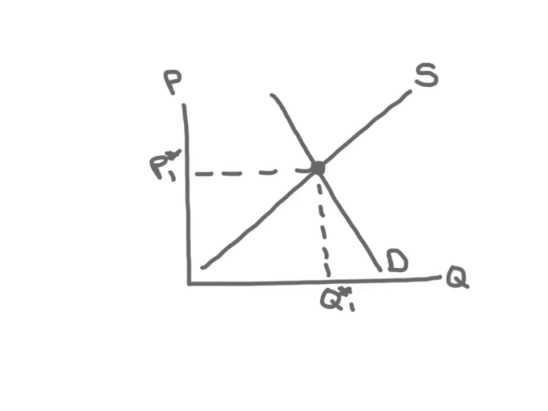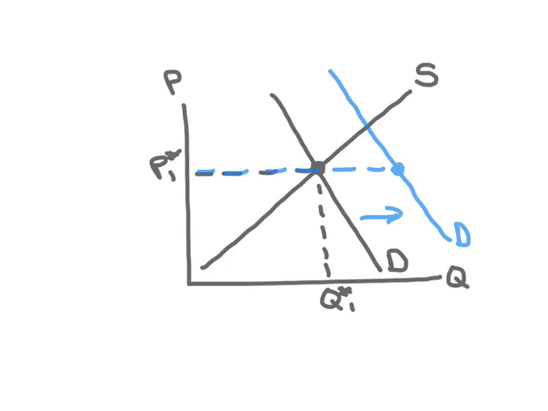Now let's consider the impact of this induced demand for medical care. The induced demand is going to shift out our demand curve. So at any given price of medical care, we're going to see a higher quantity demanded. So when the price is P1, we're going to see a higher quantity demanded.